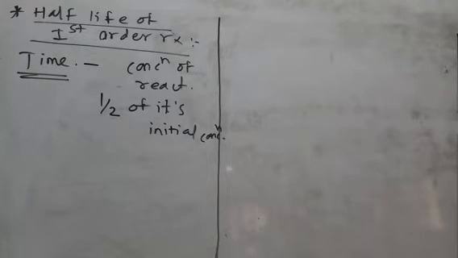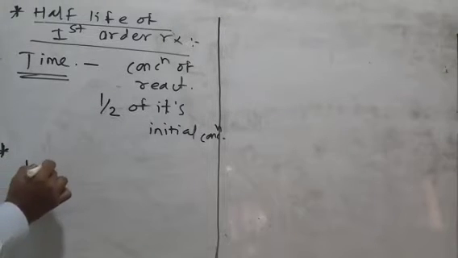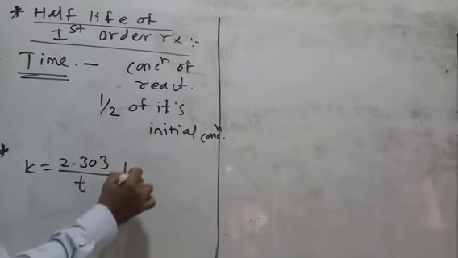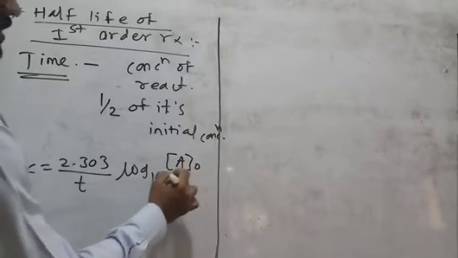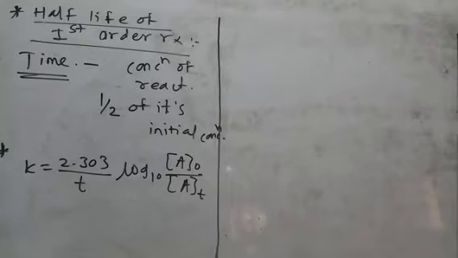So how to calculate the half-life of the first order reaction? To calculate that, we have to consider again the equation, that is k is equal to 2.303 divided by t, log to the base 10 of the concentration of A0 divided by the concentration of A at time t.